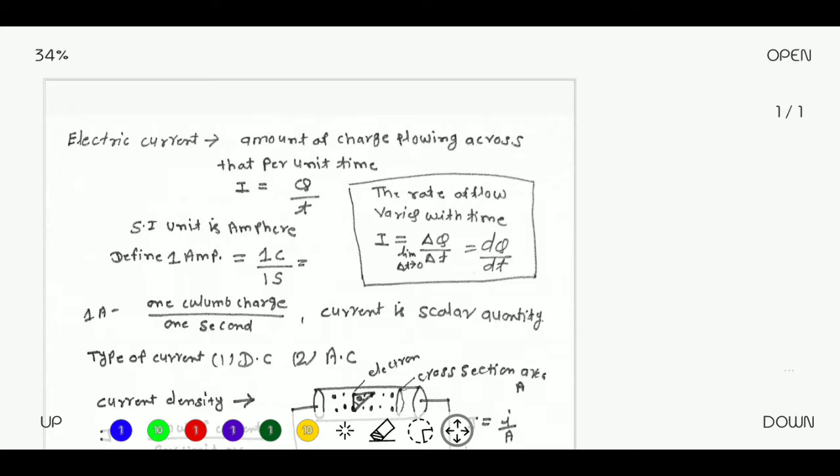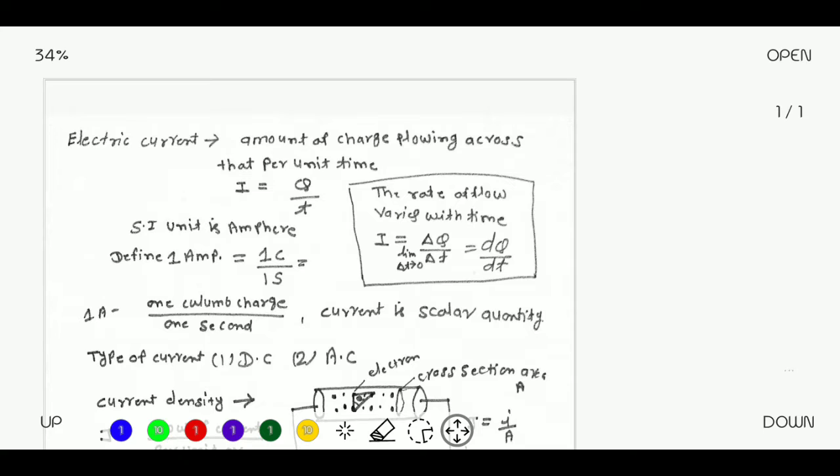The current is denoted by I equal to Q upon T. This is the basic formula, where Q is the charge in coulombs and T is the time. The SI unit of current is the ampere.